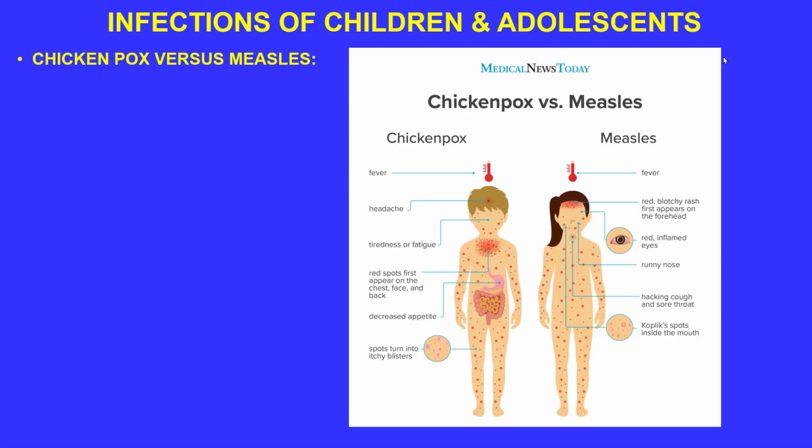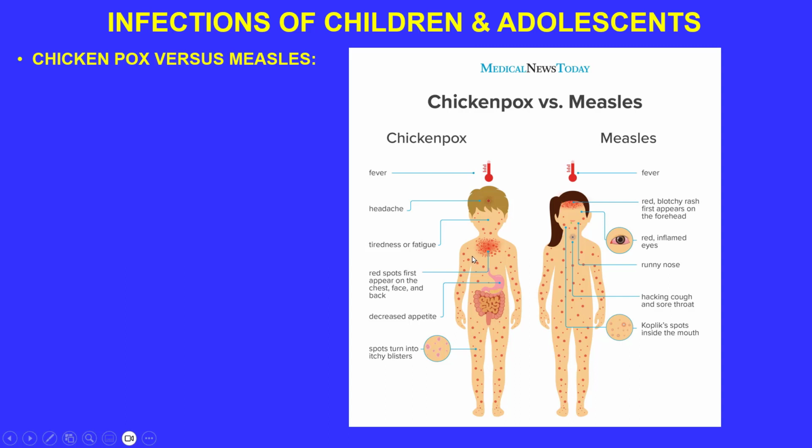Now, there's a nice chart here that I thought would help you. Chickenpox versus measles. With chickenpox, yes, you have a fever, you have a headache, tiredness or fatigue, red spots that appear on the chest, face, and back. You have a decreased appetite, and the spots turn into itchy blisters.